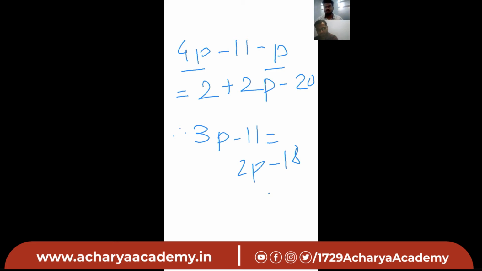Okay. So the next thing is, now I will take this 2p to the left hand side, making it 3p minus 2p. And on the right hand side, I will take minus 11 to the right hand side, making it minus 18 plus 11.